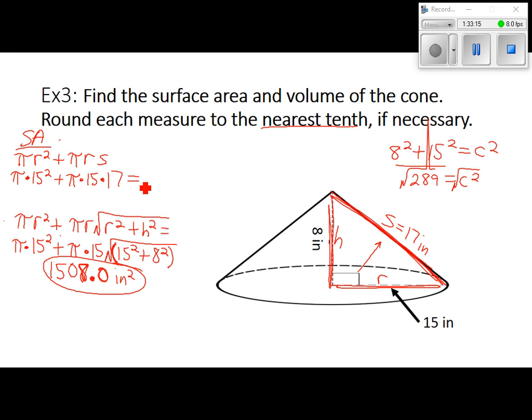So I hit the pi button times 15 squared plus pi times 15 times 17, and I hit equals, and I get 1507.96, and then we want to round it off to the nearest tenth. Again, I got a 6 that tells me to round the 9 up, so it's going to round up to 1508.0, and our units are inches squared.